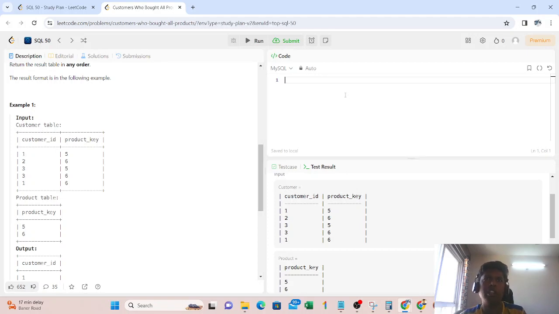Okay, so now let's first do this. The syntax of CTE is you give a CTE name, like CTE_A, then AS, and then you start writing the query.